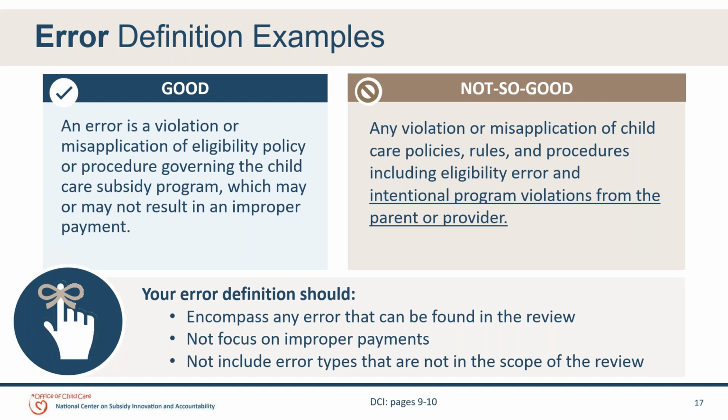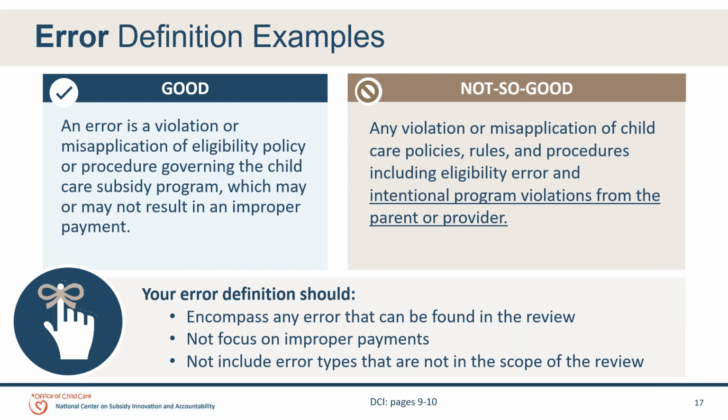Now I want to take a quick look at the top right. This definition says an error is any violation or misapplication of child care policies, rules, and procedures, including eligibility errors and intentional program violations from the parent or provider. Why isn't this a good definition?